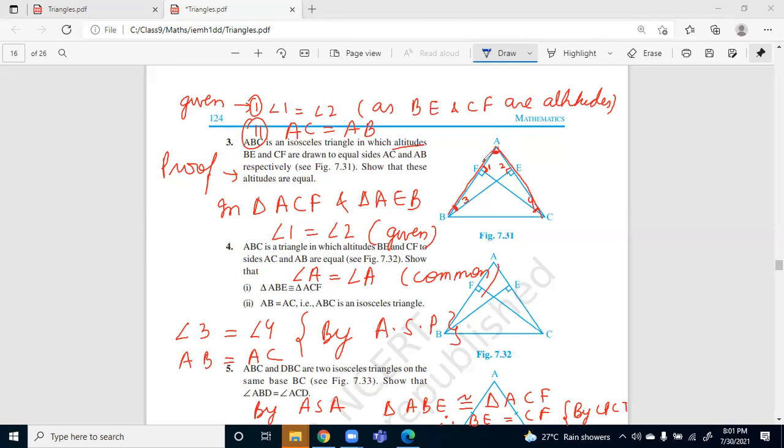So by angle side angle these two triangles are congruent, and if these two triangles are congruent, then by CPCT the length of altitudes comes out to be equal. Please write it down.